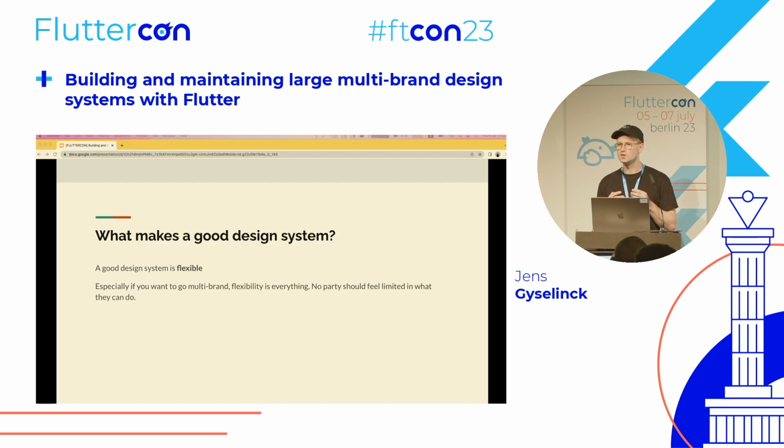And you don't want to bump into the limitations of that design system when you're trying to create an exciting new UI. So you really want to push how flexible you can be for your designer to build exciting new UIs and to make it really nice to use for your user.